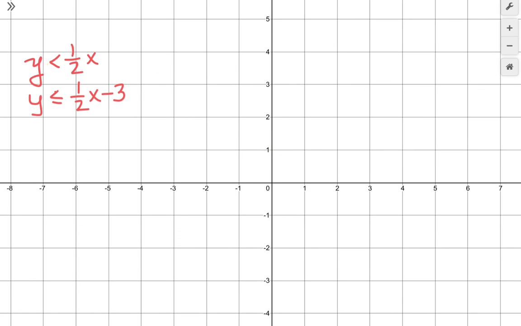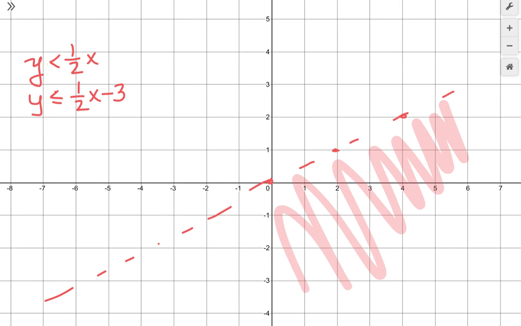So let's say we have y less than 1/2 x and y less than or equal to 1/2 x minus 3. So y less than 1/2 x, y-intercept of 0, up 1 over 2, up 1 over 2. This is a dotted line. y is less than means I will be shading below. The other one, y less than or equal to 1/2 x minus 3.